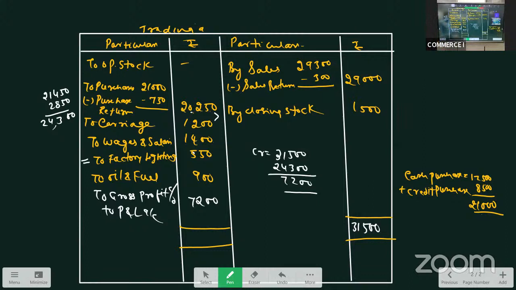Now let us go to the next step in finalization of account, which is preparation of profit and loss account. If you still did not get the perfection in this, not an issue, because while doing our complete final accounts problem, we again have to prepare this trading account in every problem.